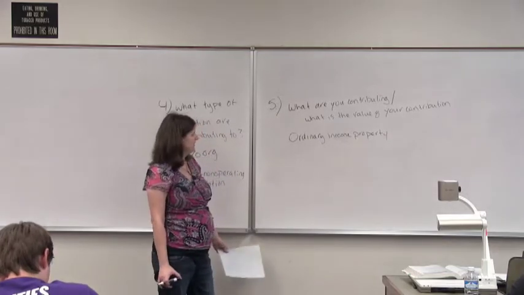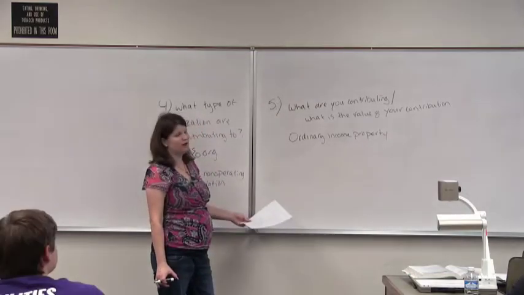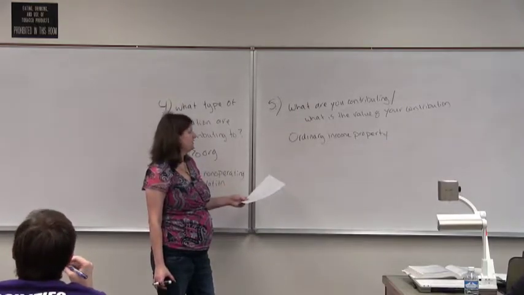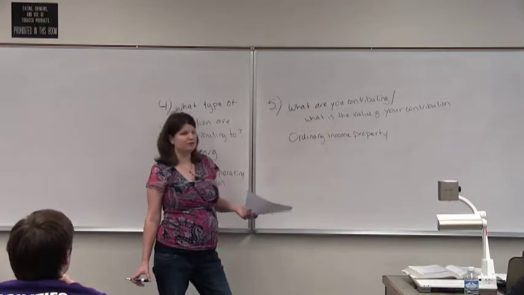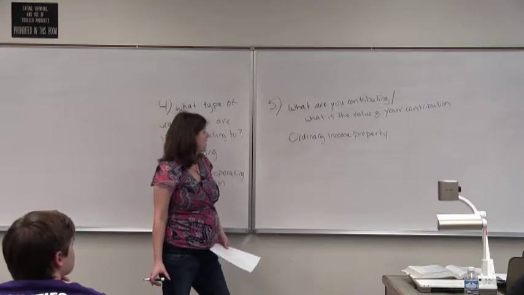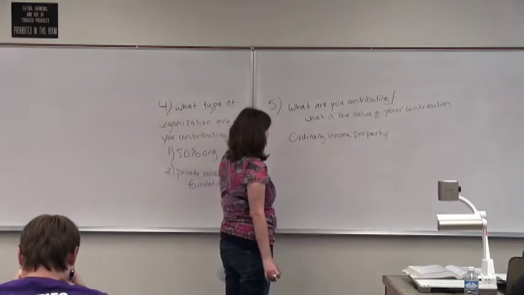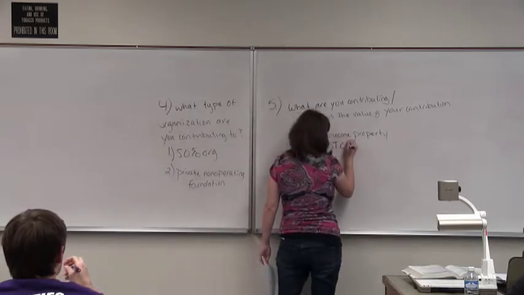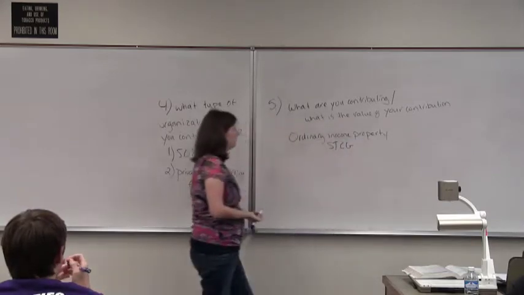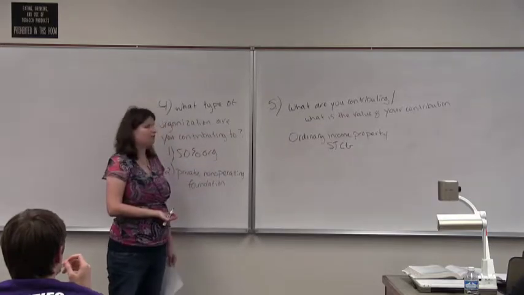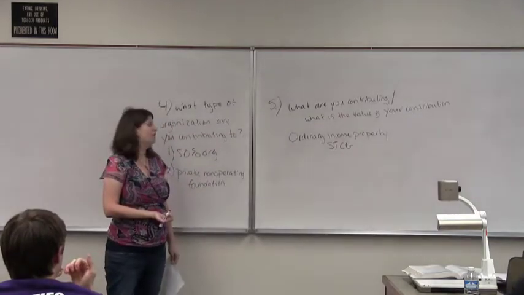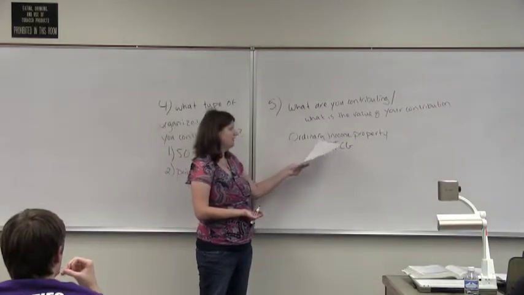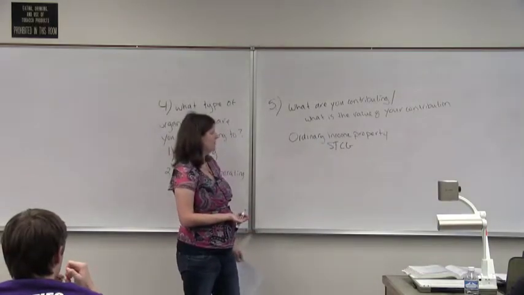This would basically be anything that produces ordinary income when you sell it. So something that has not been purchased for investment purposes, something like that. This would also include short-term capital gain. So if you have held stocks for less than or equal to 12 months, then it's going to be short-term capital gain, and this is considered to be ordinary income property.